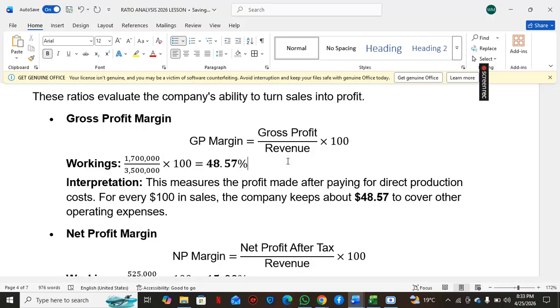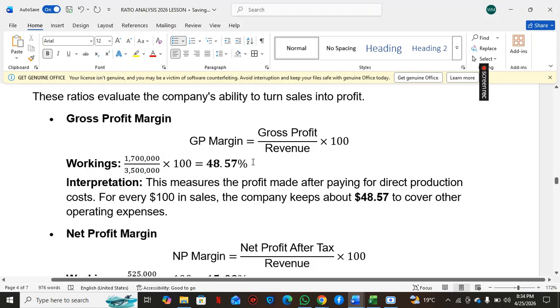So what this means, one way you can look at it, is for every $100 in sales, $48.57 is gross profit. So if you make a sale of $100, $48.57 is gross profit. I just did 48.57% of $100. That's how we got this.